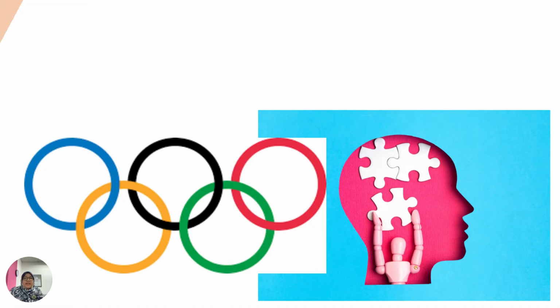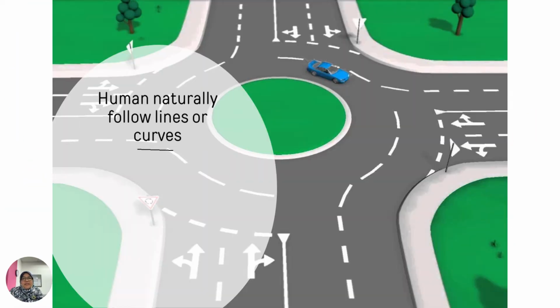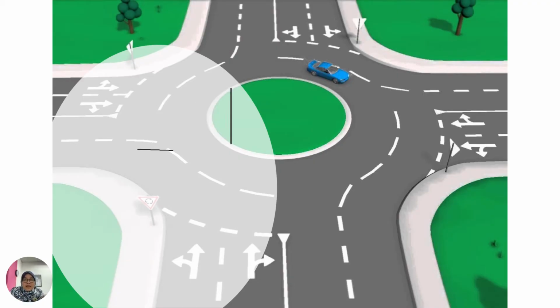So it's something to do with our brain thinking. If you look at the image here, the road looks as if it's in a circle, and humans naturally follow lines or curves. We see it as the road, you need to go around the roundabout and so on.